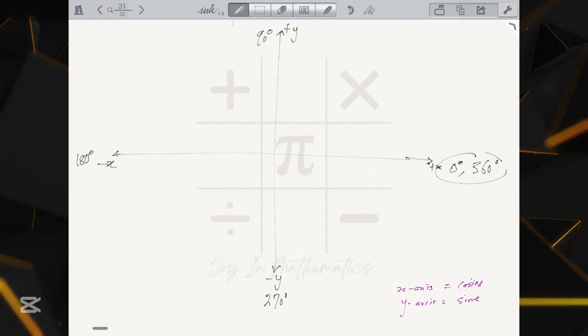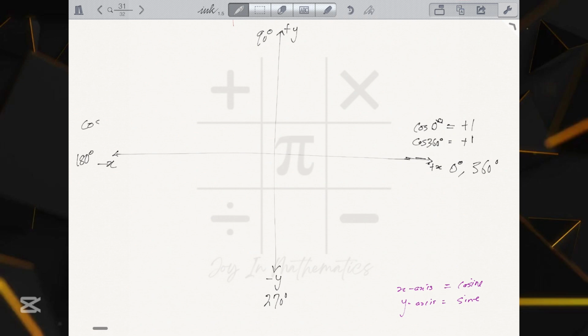So we are saying that cos 0 degrees, since 0 degrees and 360 degrees are on the x-axis, is equals to positive 1. Similarly with cos 360 degrees, it is on the positive side of the x-axis, so it will be positive 1.